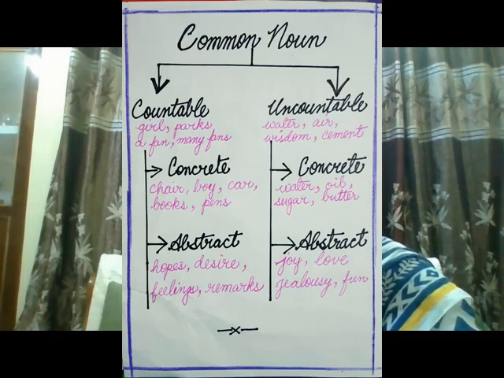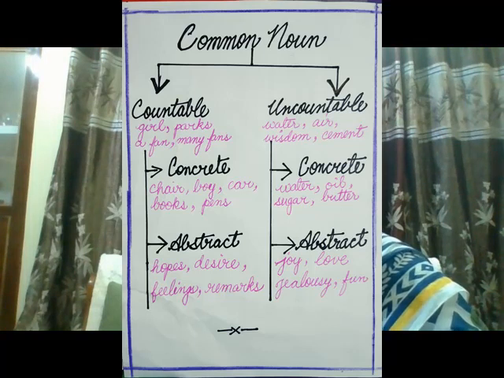Now to understand what is a countable abstract noun, we will see the examples. Hope, hopes, a desire, many desires. She has a desire to go somewhere. The queen had several desires. Then a feeling of nostalgia.